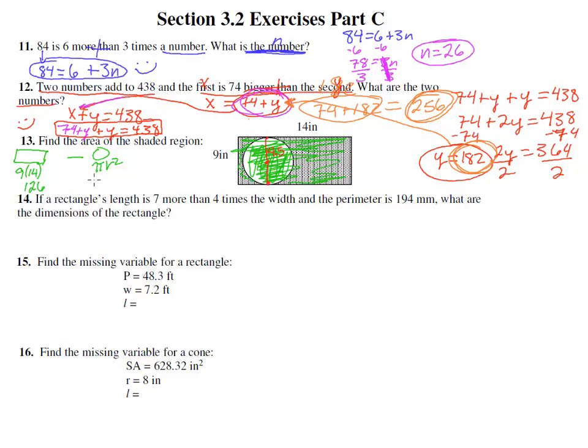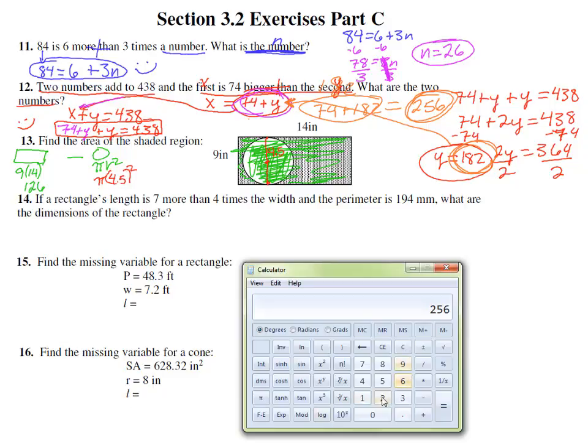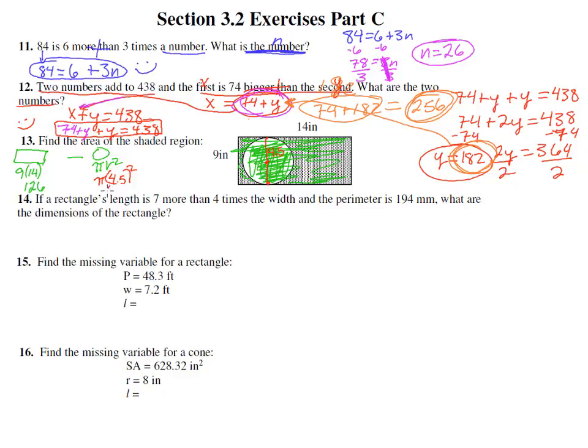So this is pi times 4.5 squared. We better put that in the calculator. Pi times 4.5 squared equals 63.62 inches squared. That's what's in the circle.